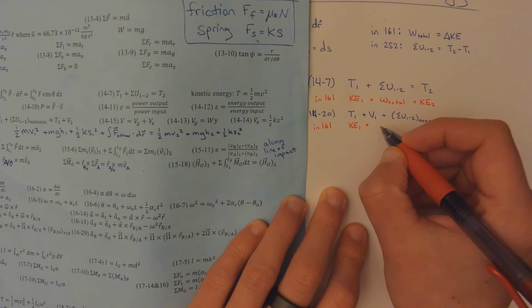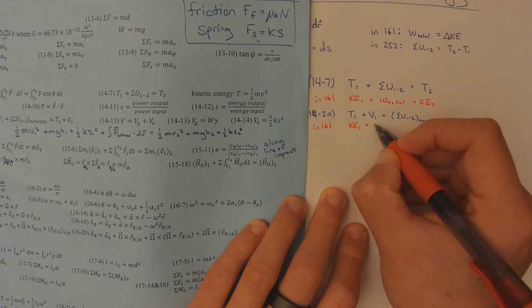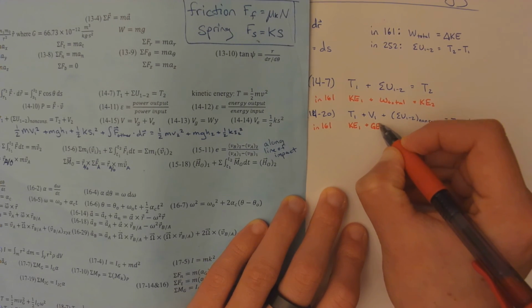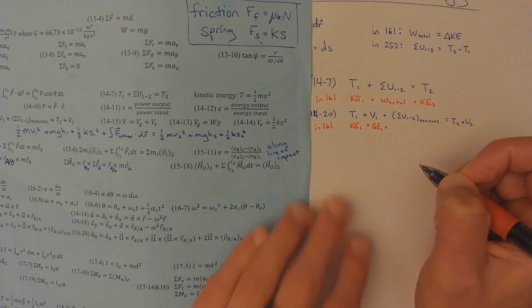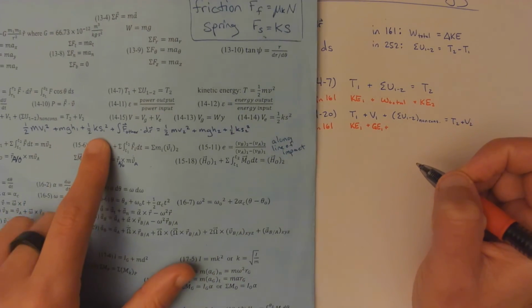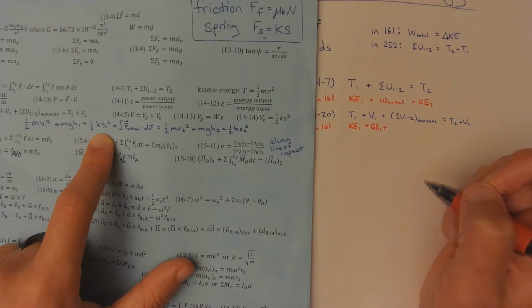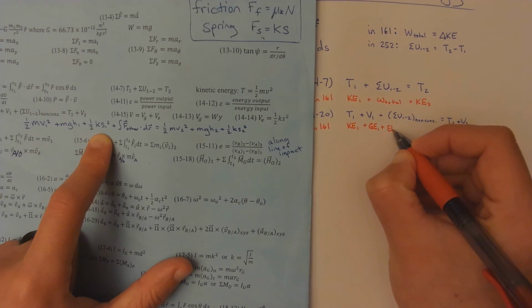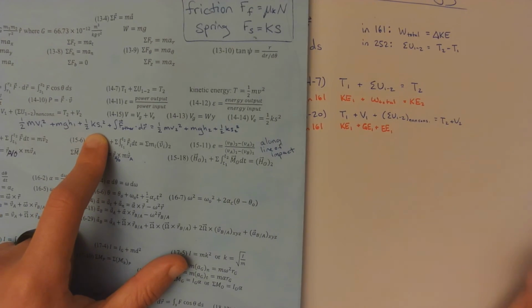So this would be gravitational potential energy, and I think in Physics 161 we probably just wrote out the elastic potential energy like this, but let's just say EE for elastic potential energy.